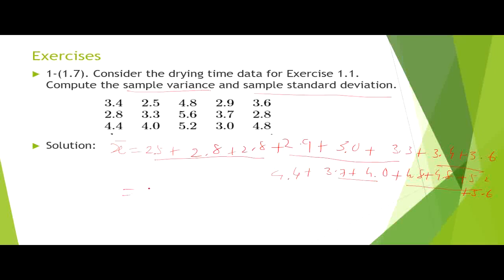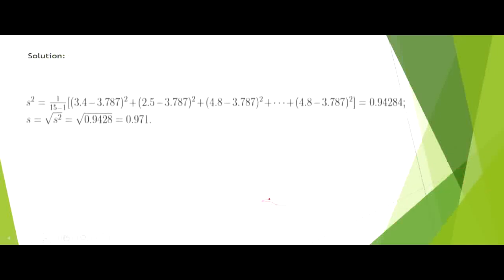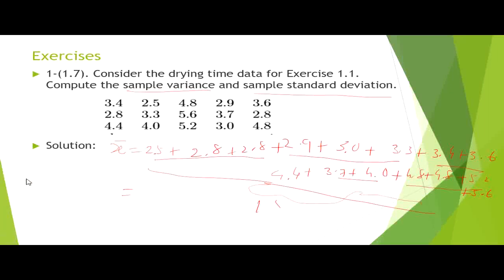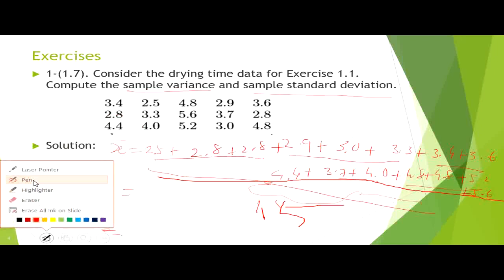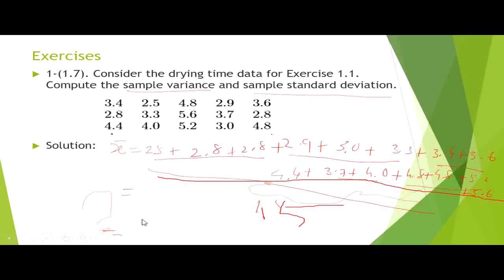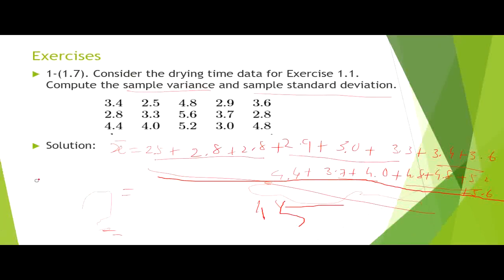We can check back, and now when you add and divide the entire data collection by the total number of elements, when you divide this set by the total 15, which is the sample size, what you get is 3.787.